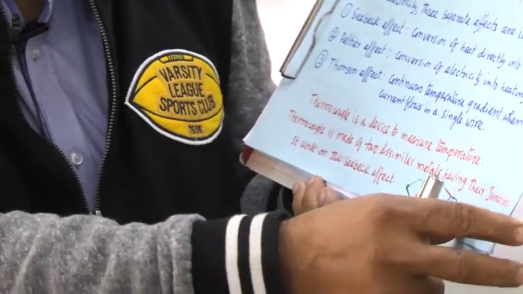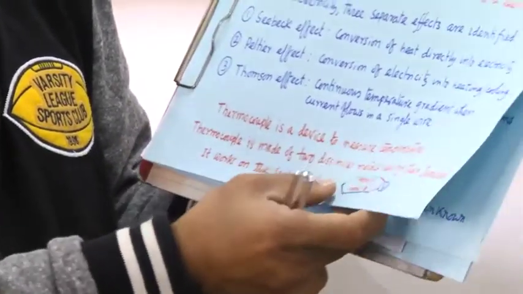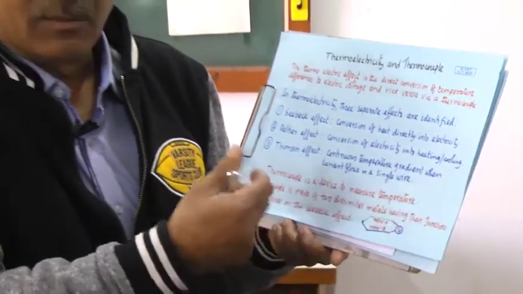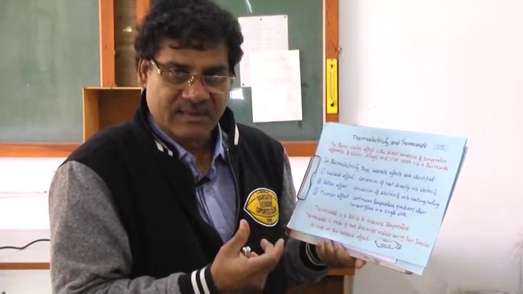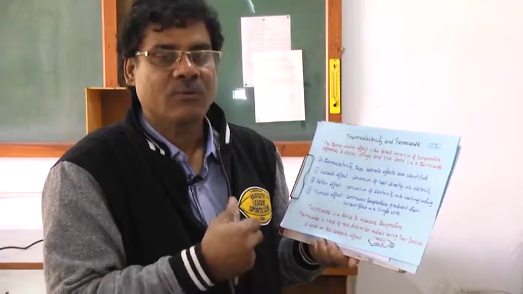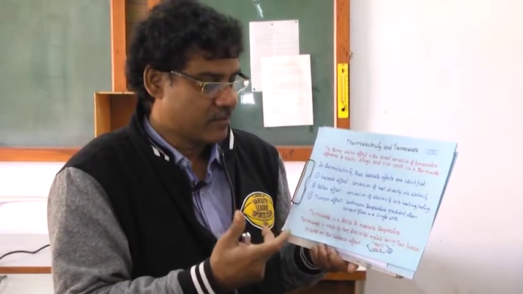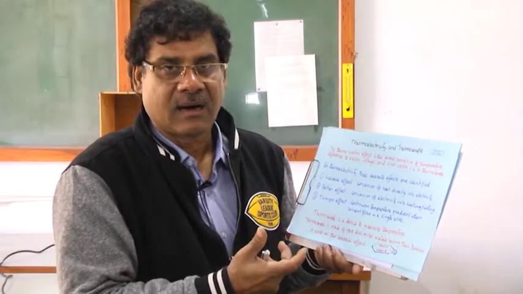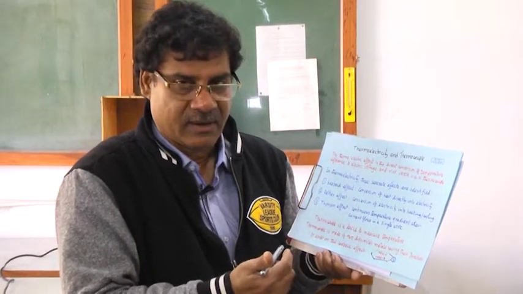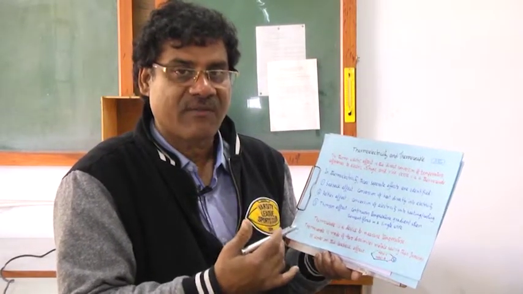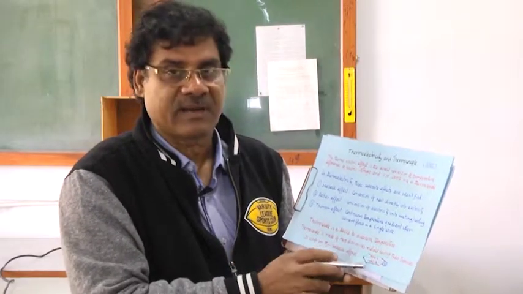So, this is the thermocouple, and in this thermocouple we should have an arrangement for a temperature difference between the junctions, and we should have an option to measure the voltage, that is, whatever thermo EMF is generated due to the temperature difference.